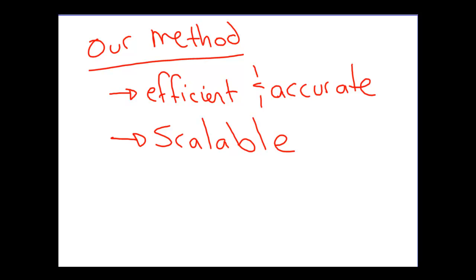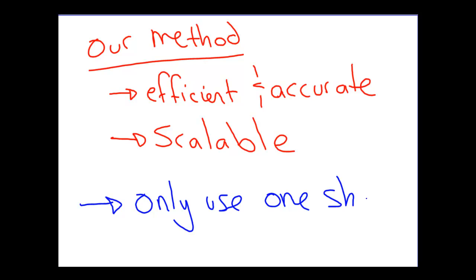One of the things here that will become necessary then will be to basically only use one shape. In our work, we used several different shapes to estimate the area under the parabola. And one of the things that's going to allow this to be a little bit more efficient and scalable is if we restrict ourselves to only one shape.